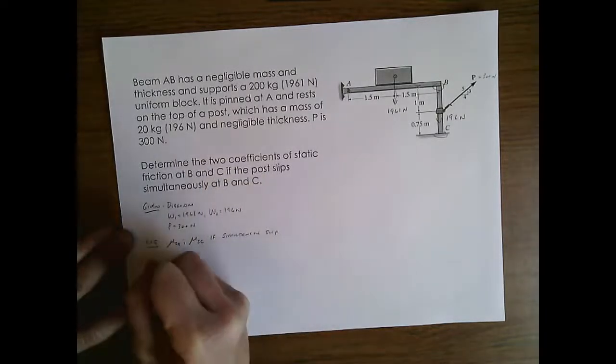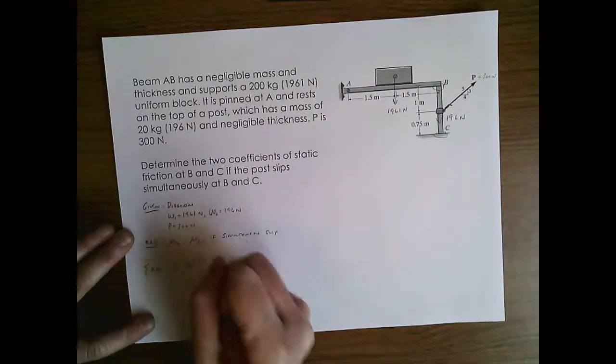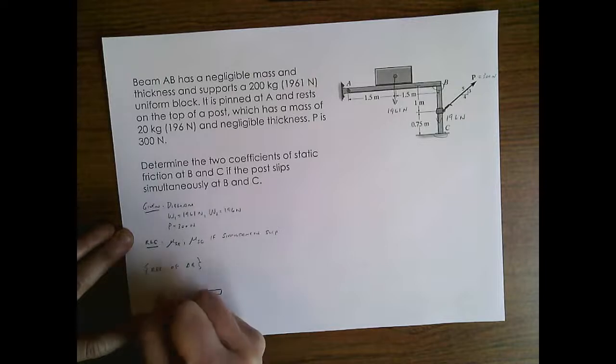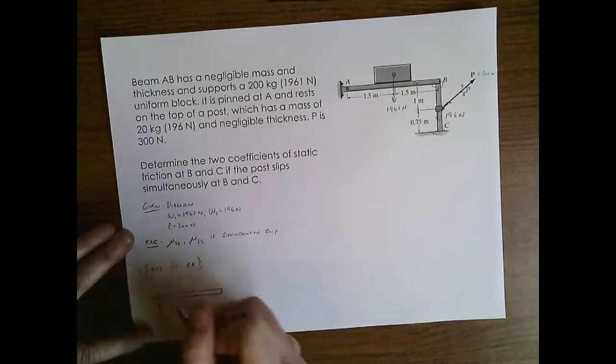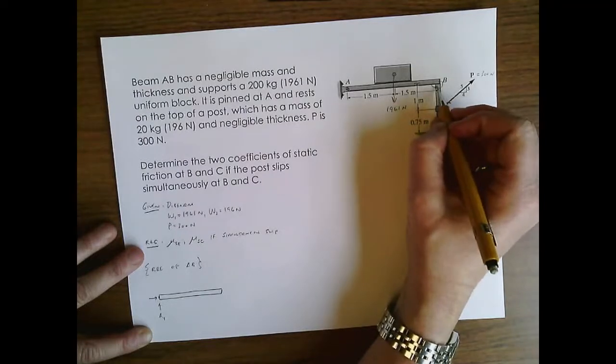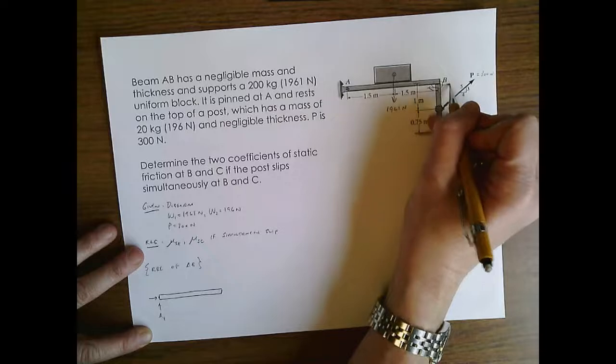Okay, so let me start with an RBE of the top member first, AB. So if I pull this together, I'm going to have AY. Well, actually, let me think about this for a sec. If I'm pulling this out, the force of friction on this side is going to go like this, and on this side is going to go like that.